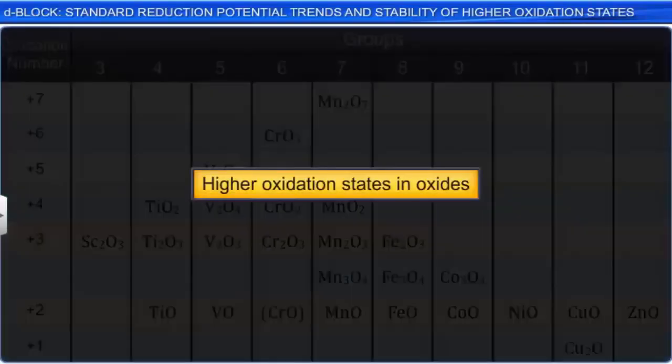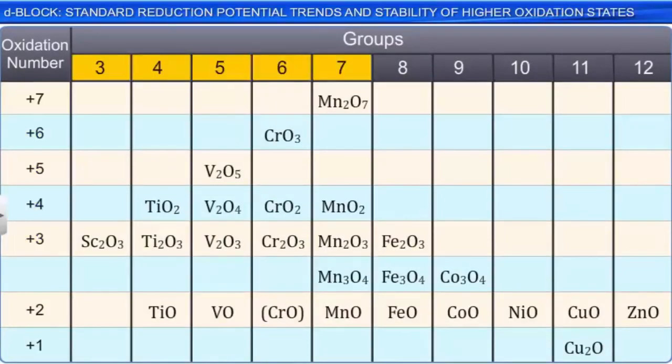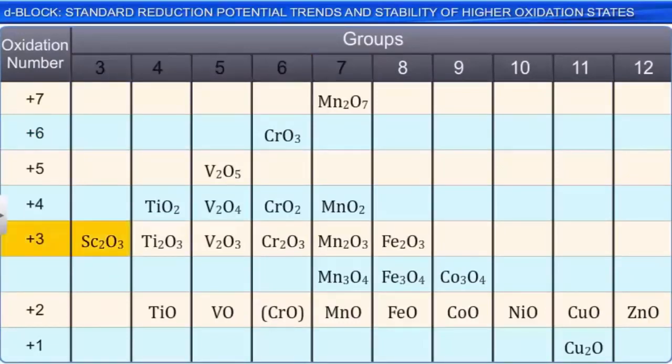Now let's look at the higher oxidation states in oxides. The table here lists the oxides of the 3d series of elements. The highest oxidation number in an oxide coincides with the group number and is attained from scandium(III) oxide to manganese(VII) oxide.